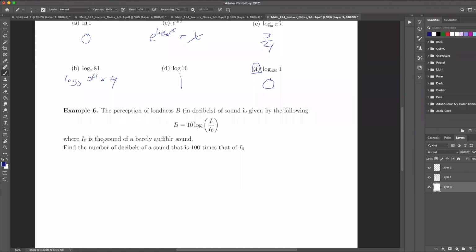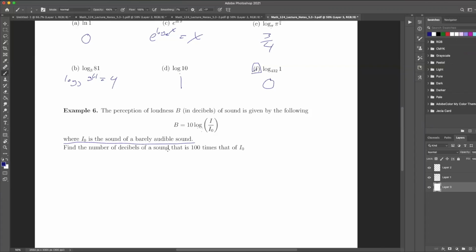So something that's barely audible is I over I naught equals 1. You get log base 10 of 1, which would be 0, so we'll have 0 decibels. So something that is absolutely barely audible is 0.